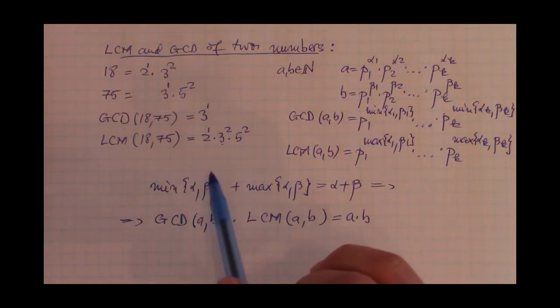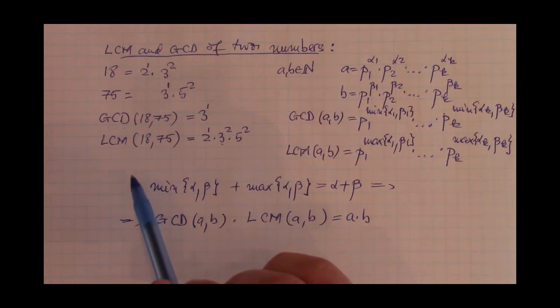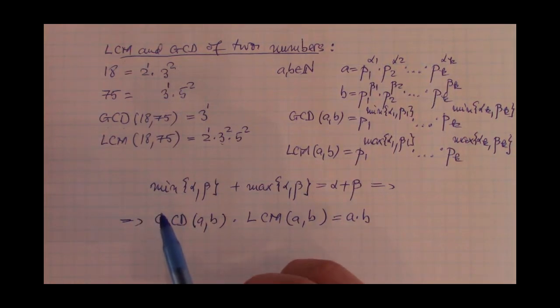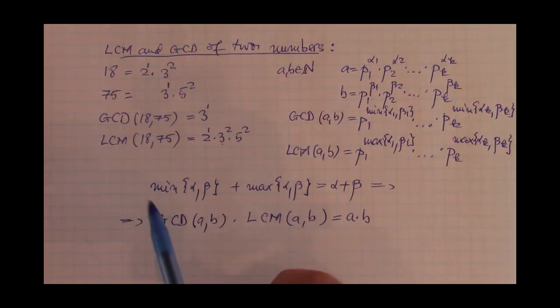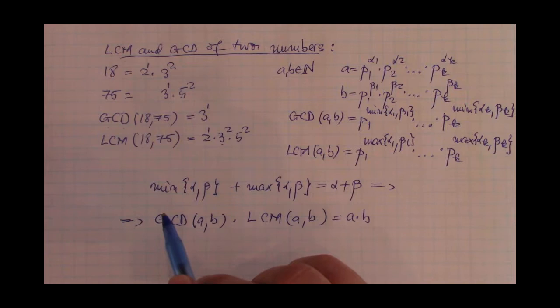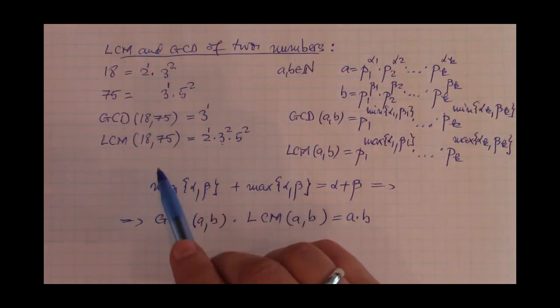So we know how to compute the GCD and the LCM of two numbers. Now this is all nice when it comes to numbers that we actually know, but if we have to deal with variable names, things can be a little bit tricky to write down. So let's see if we can use a little trick to help us write down the GCD and the LCM.